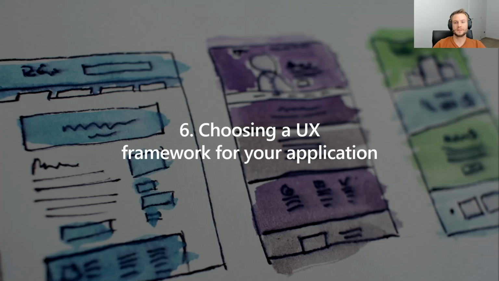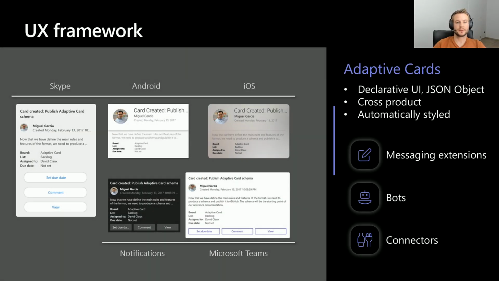You've got a backend, you chose your development framework, and now you have to pick a UX framework for your application. So how do you approach this? First of all, there are adaptive cards, because adaptive cards are a declarative UI. It's basically a JSON object that describes what needs to be shown on the screen, but not how it's laid out or what the styling is.